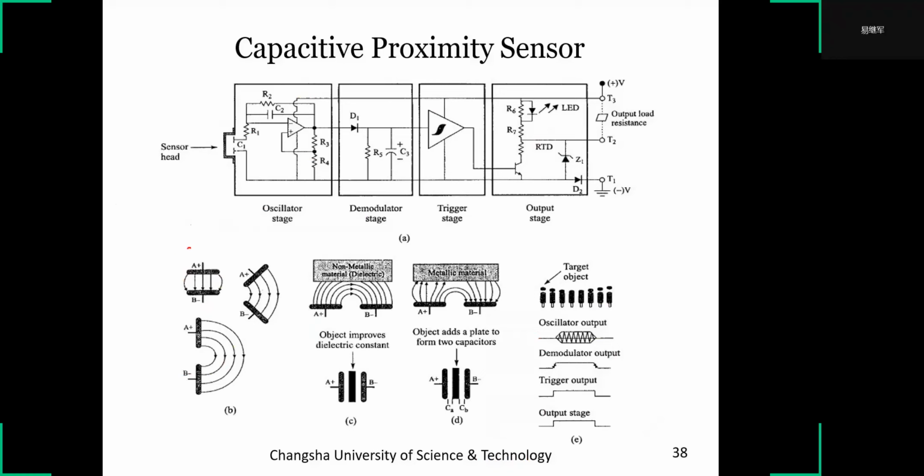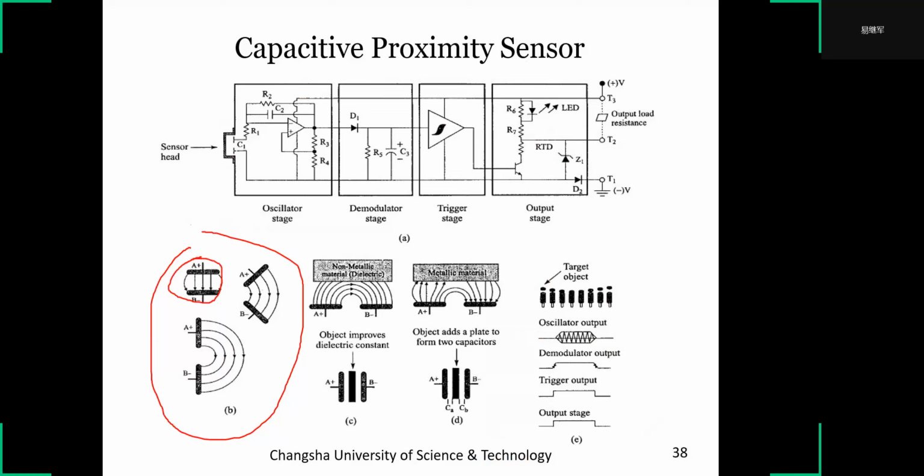This is a change for the capacitive proximity sensor. For normal capacitance, the electrode is just like this.